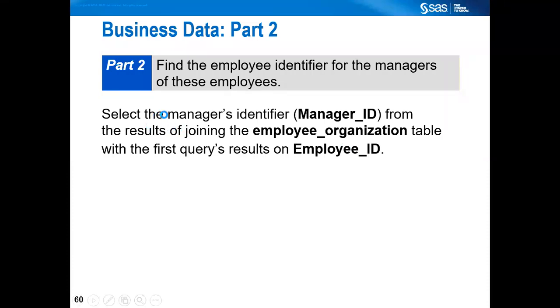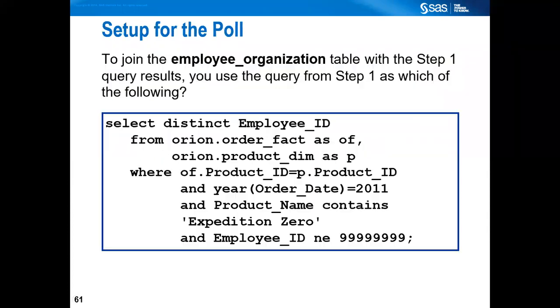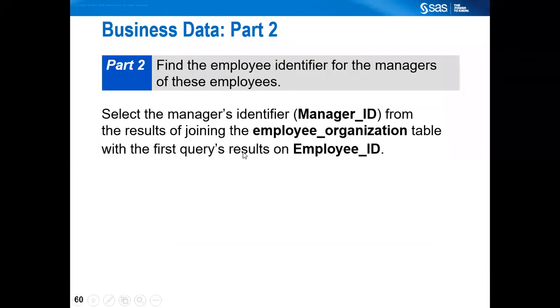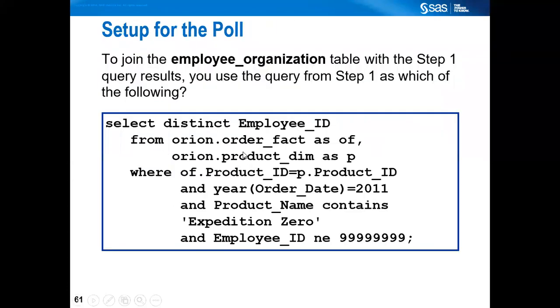So it's telling: select manager's identifier from the result of joining the employee organization table with the first query result for employee ID. So what are you doing now? You're writing a query, but before writing it, the question is to join your employee organization table with the first query result, you use the query from the first step as which of the following.